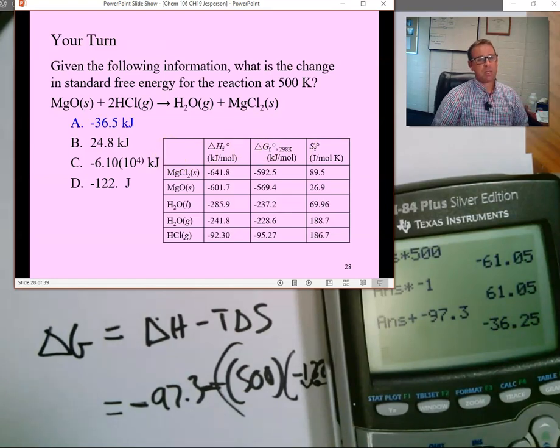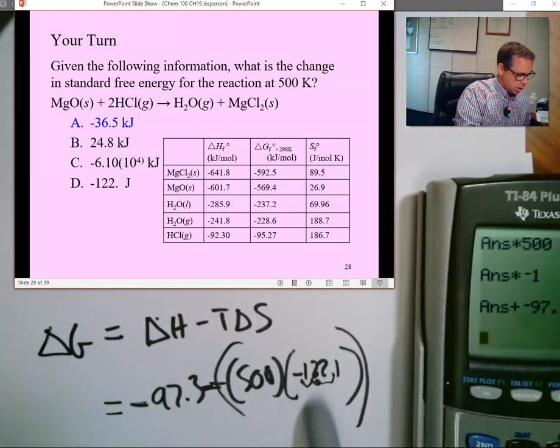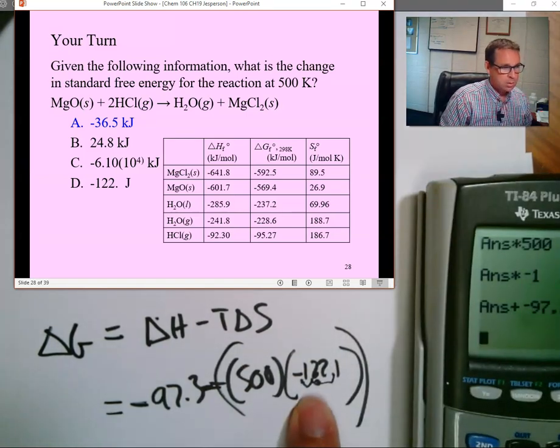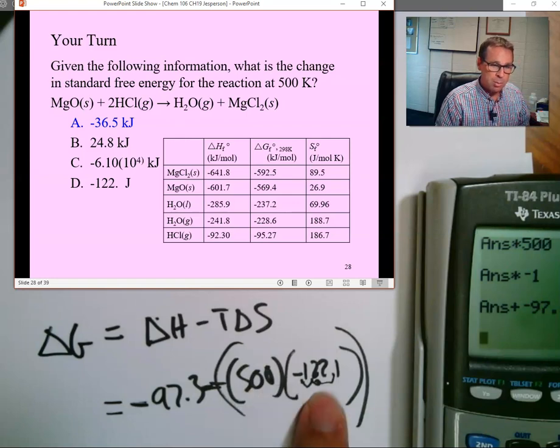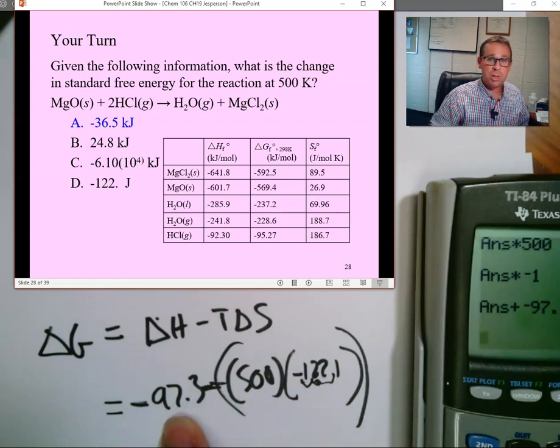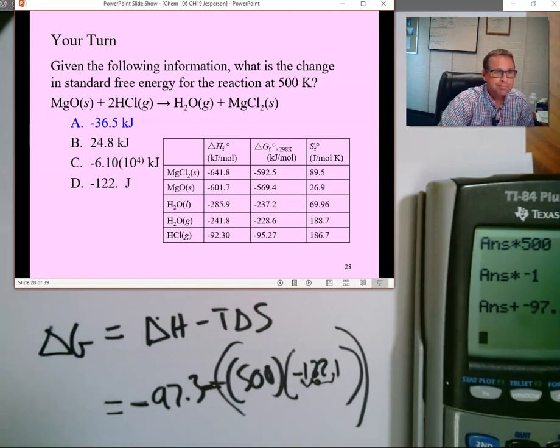Still going to be spontaneous, even though the entropy contribution was not entropically spontaneous. Therefore, if we were to raise this temperature and make this contribution higher, there would come a point in which the reaction would actually be non-favorable, unfavorable. Okay.